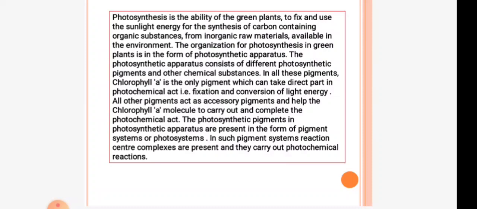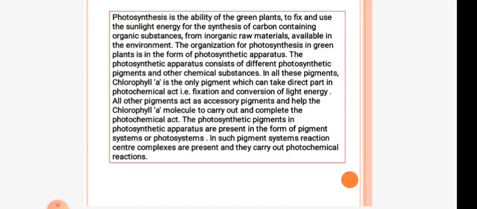Photosynthesis is the ability of green plants to fix and use sunlight energy for the synthesis of carbon containing organic substances from inorganic raw materials available in the environment. The organization of photosynthesis in green plants is in the form of the photosynthetic apparatus.